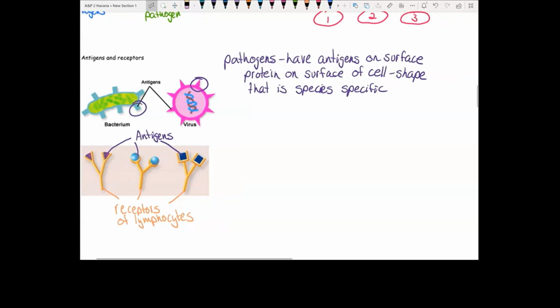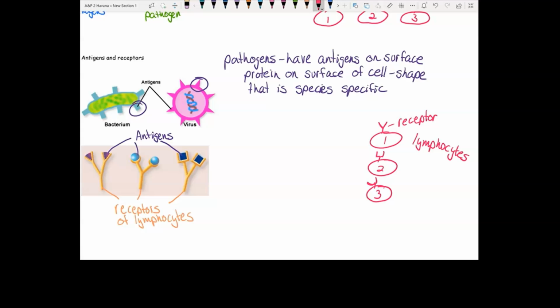So let's give ourselves 3 lymphocytes again. So here are your lymphocytes. Here are your receptors. Okay, remember, you have lots of different receptors that you inherited from your parents, each on a different lymphocyte. So we have 1, 2, and 3.